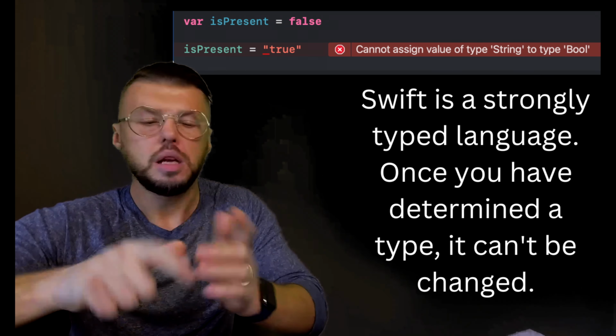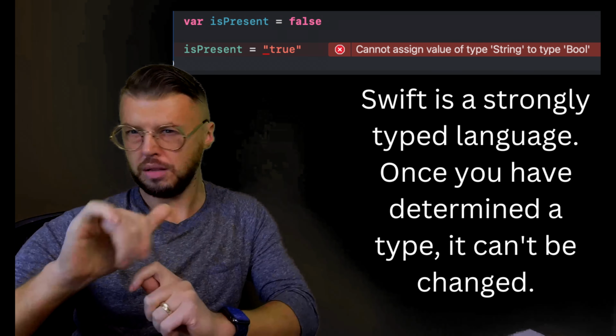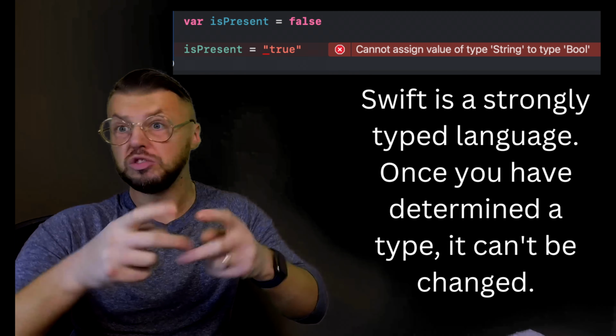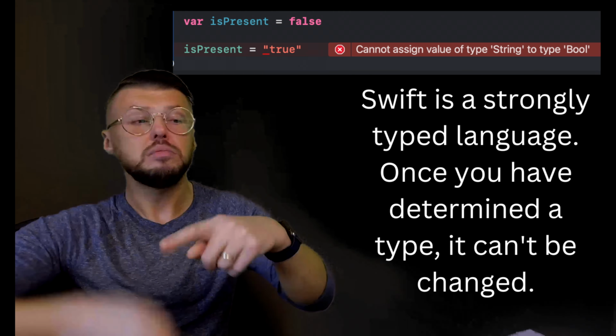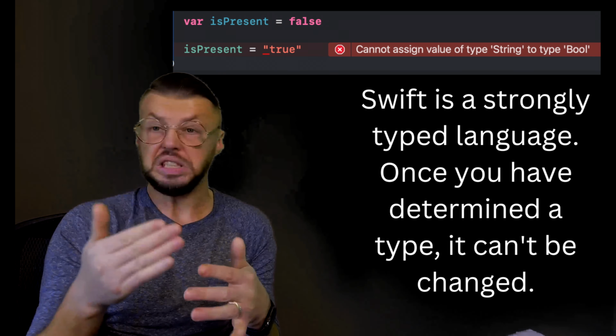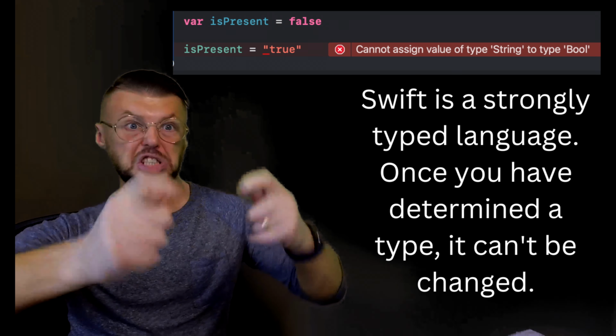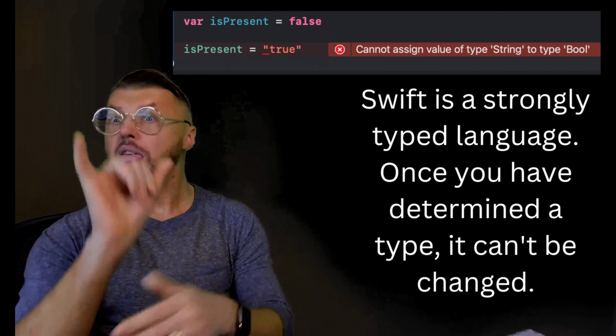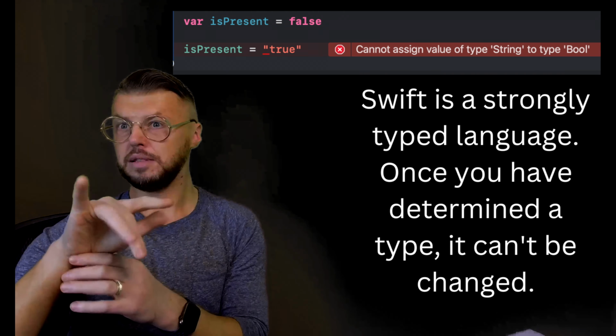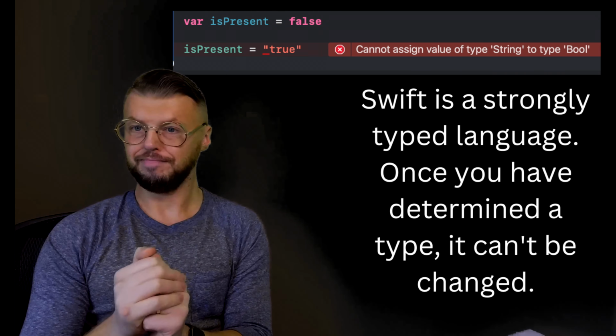If we try, later in the program, to change it to a string, we can't do it. It's impossible. Swift will give us a warning that changing the value to a string is not possible because it is a Boolean. That's illegal in the Swift programming language.